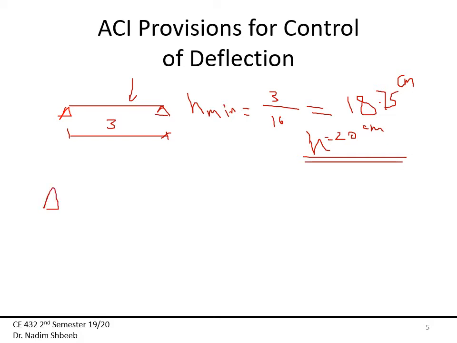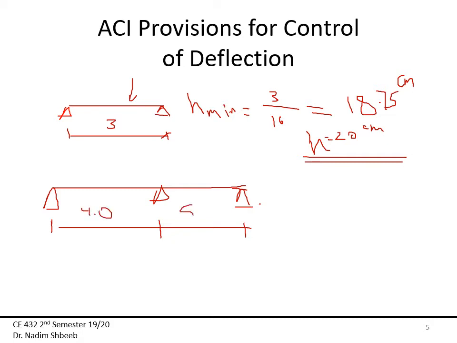Let's assume we have a beam like this, and this is what we call one end continuous. So let's assume, well, I'm pulling numbers, that this is 4 meters, and then this is, say, 5. So this is one end continuous. Then H minimum for that would be equal to 4 meters over 18.5.